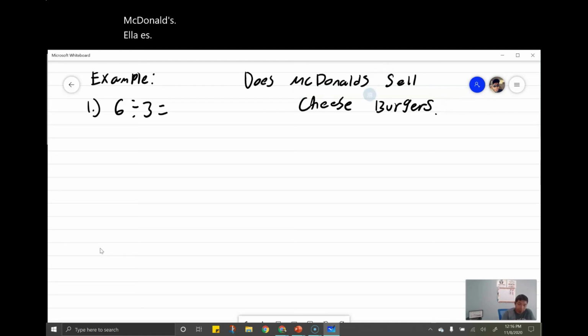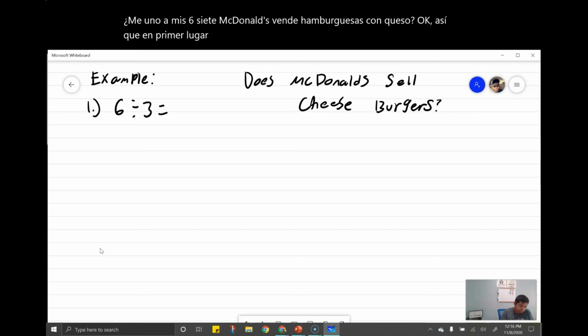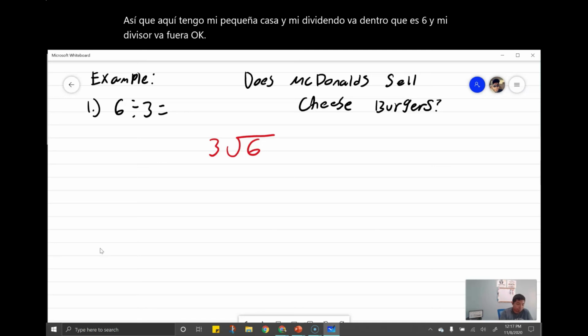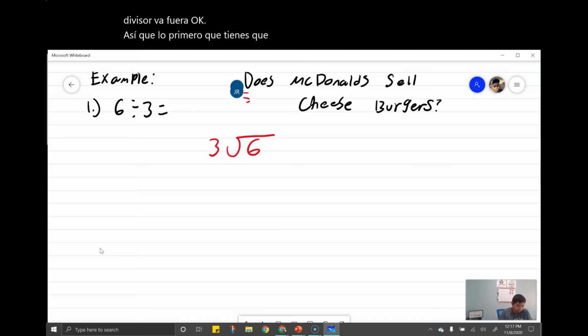Okay, oops, my question mark's a little messed up. It's okay, mistakes happen. Does McDonald's sell cheeseburgers? Okay, so first I need to set up the equation. So here I have my little house, and my dividend goes inside, which is 6, and my divisor goes outside, okay?